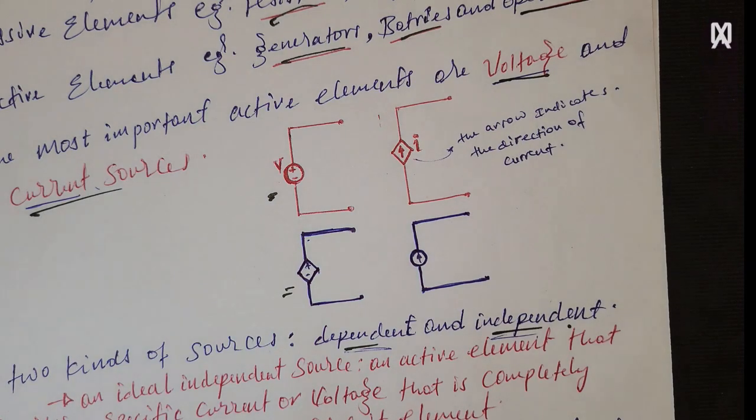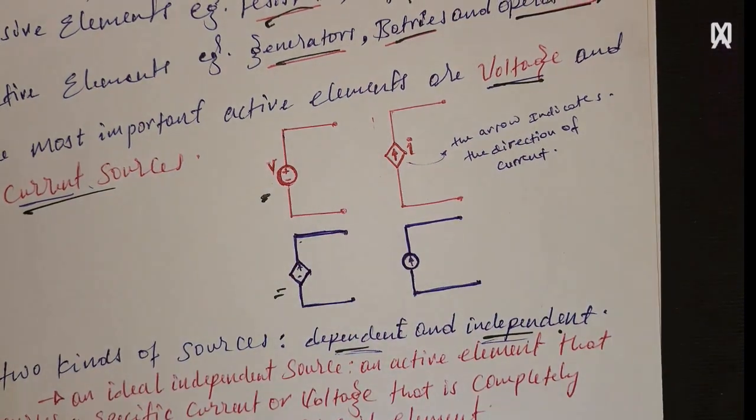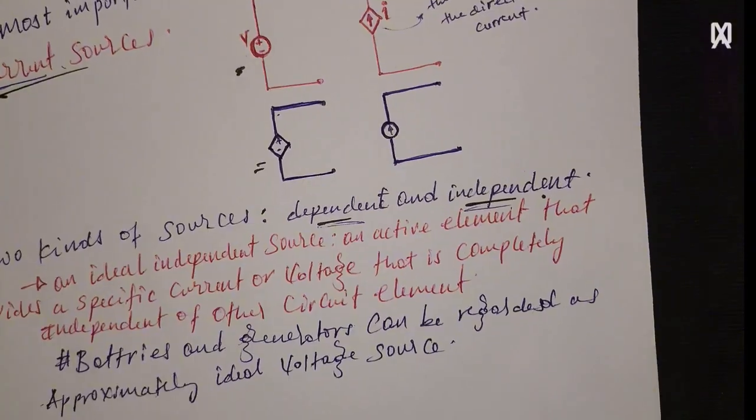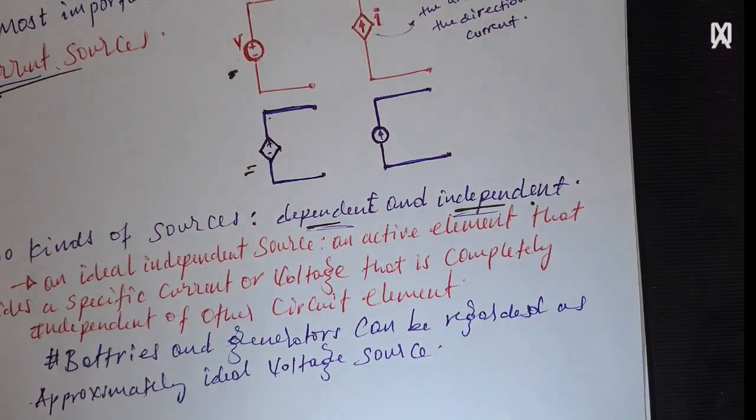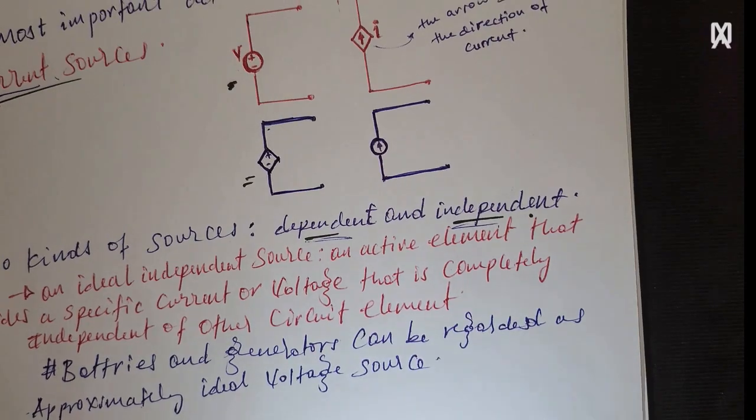So it is an active element that provides a specific current or voltage. If it's a voltage source, it provides a voltage. If it's a current source, it provides a current that is completely independent of other circuit elements.